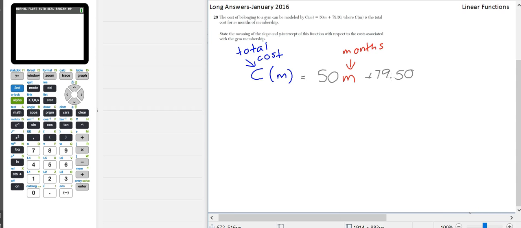And we want to find the meaning of the slope. The slope in this case would be 50 because any equation that's in the form y is equal to mx plus b, m represents the slope, and b represents the y-intercept. So 79.50 is the y-intercept.